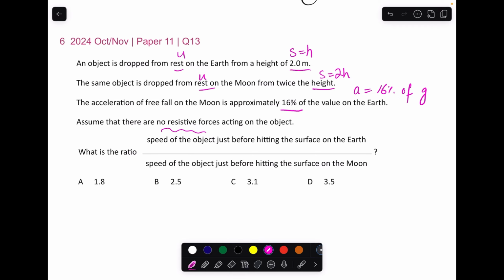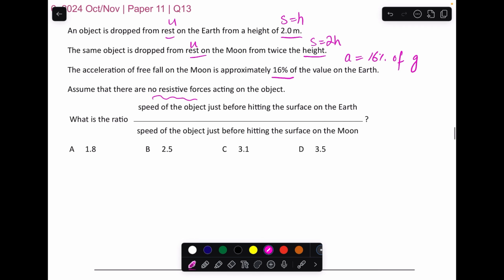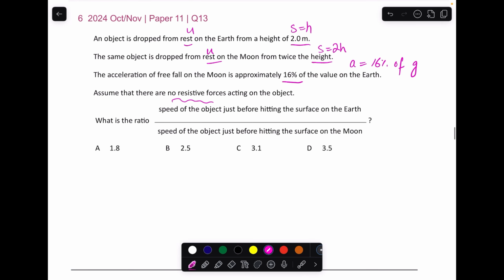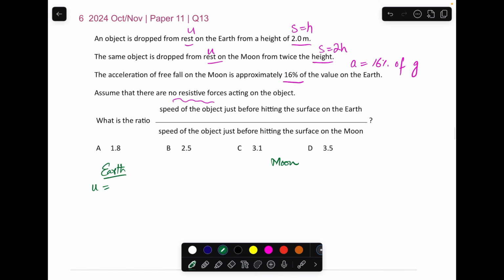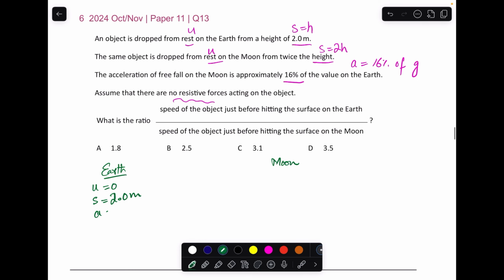Okay, so the ratio of the velocity on the earth over the velocity on the moon. So let's solve it separately for the earth, and here we can solve it for the moon. For the earth, initial velocity is 0, height is h, or it's given, it's 2 meter, right? Okay, and we know the acceleration is equal to g, and you have to find the final velocity.